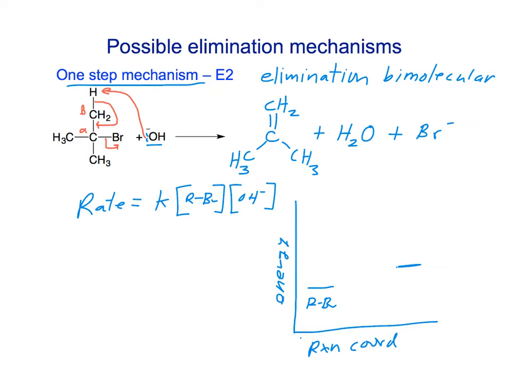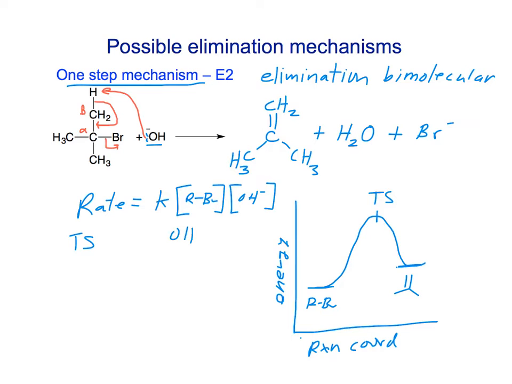So for this single-step reaction, we'll have a single transition state, and we'll have our product over here. The transition state is going to have a lot of bond breaking and bond forming all at the same time.